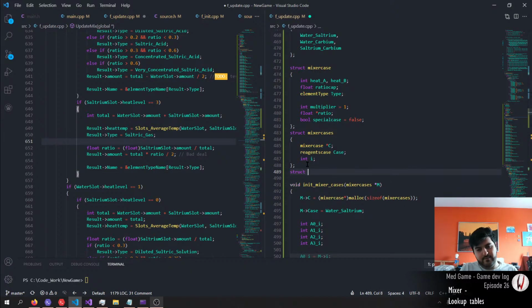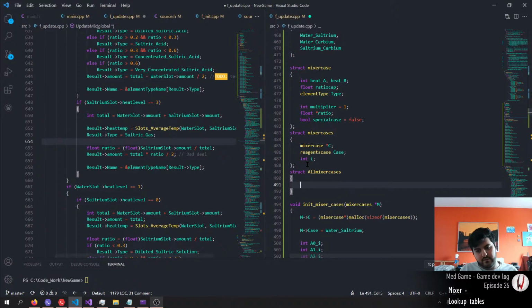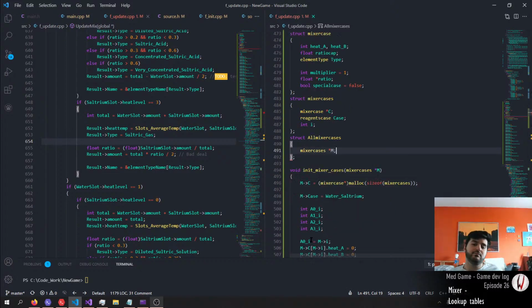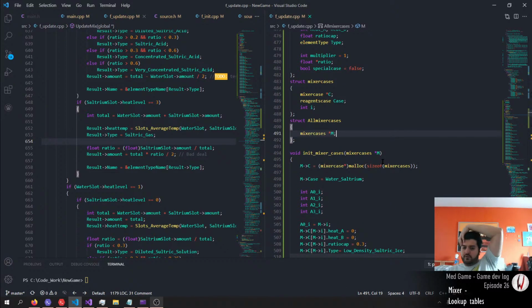And we have a struct of all mixer cases. And this one will have a mixer cases pointer. Okay. So we're working with mixer cases for now.